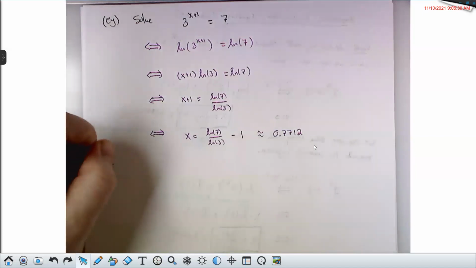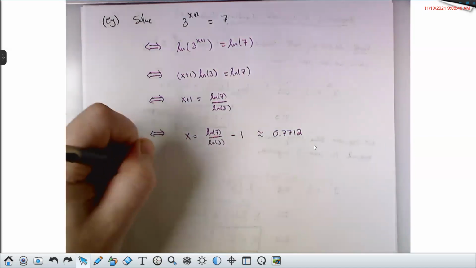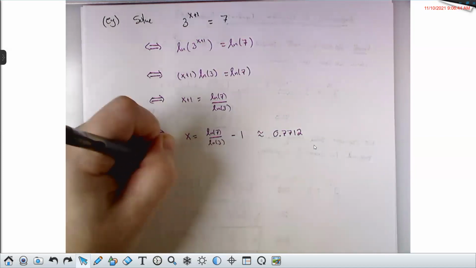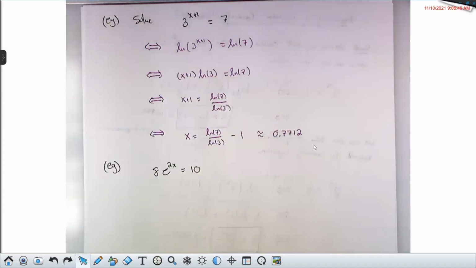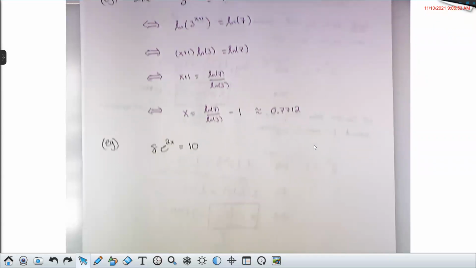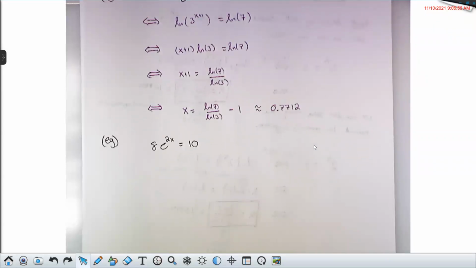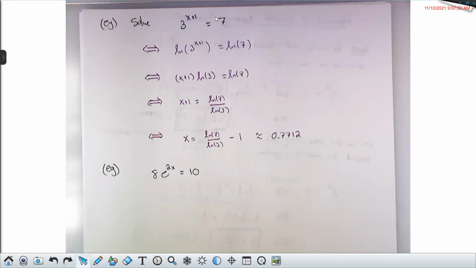Okay, let's look at one more. I could ask you to solve something like 8e to the 2x equals 10. Before we take logarithms, I want to get this into the form exponential equals constant. So this 8 is kind of in the way.